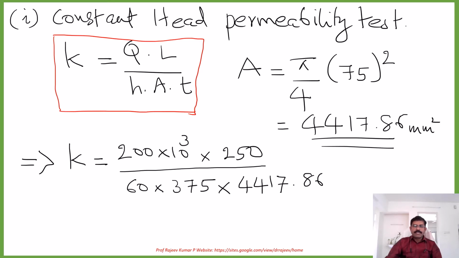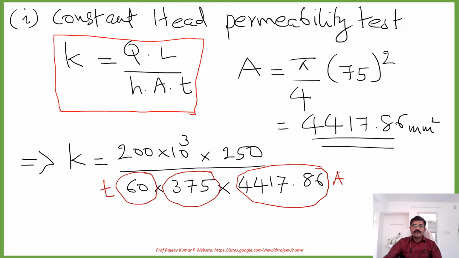So I will mark here what these parameters are. This is time T, this one is capital A, and 375 is the head loss, that is H. Here the final answer for coefficient of permeability is 0.503 millimeter per second. So unit is always millimeter per second, centimeter per second, etc. Okay, you need to remember this. So this is the first set.